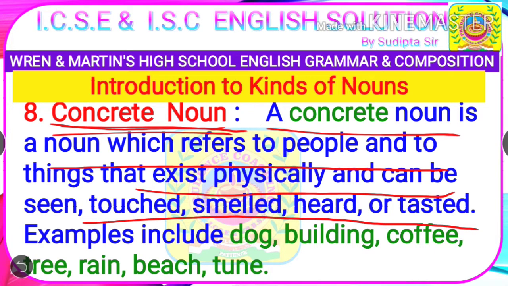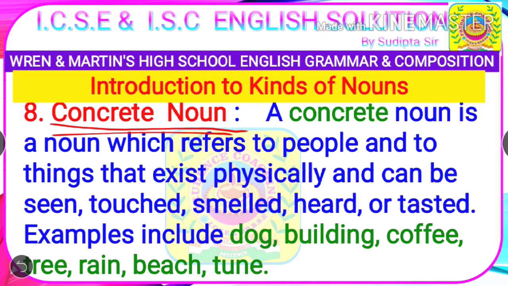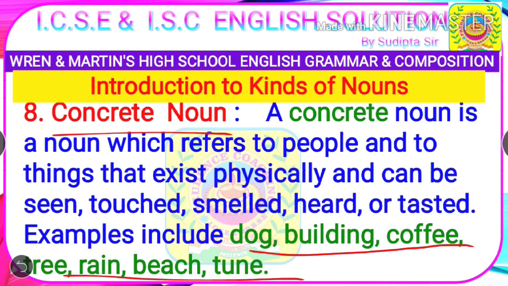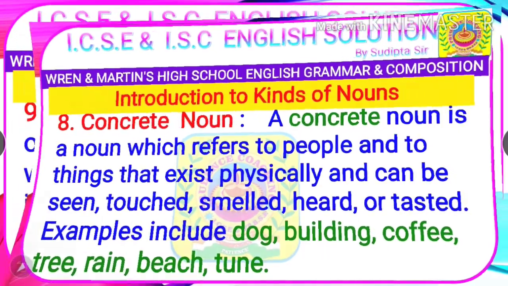That means we can find the physical presence of this type of noun, such as dog, building, coffee, tree, rain, beach, tune. All these things can be touched, heard, tasted or seen. That's why they are part of concrete noun.